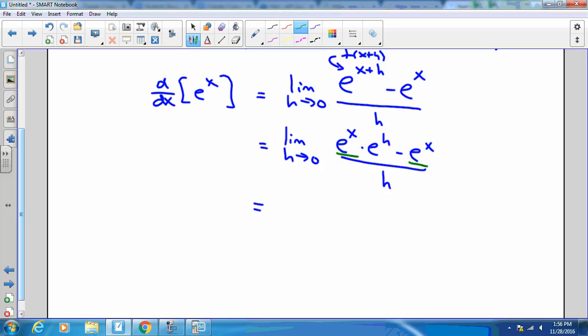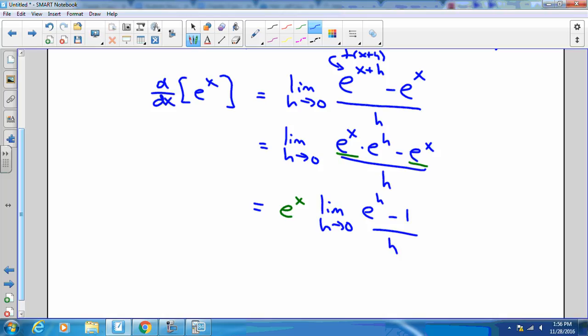And since that common factor of e to the x does not depend on h, it is a constant, and I can pull it to the outside as e to the x times the limit as h goes to 0 of what's left. First term? e to the h minus 1, all over h.